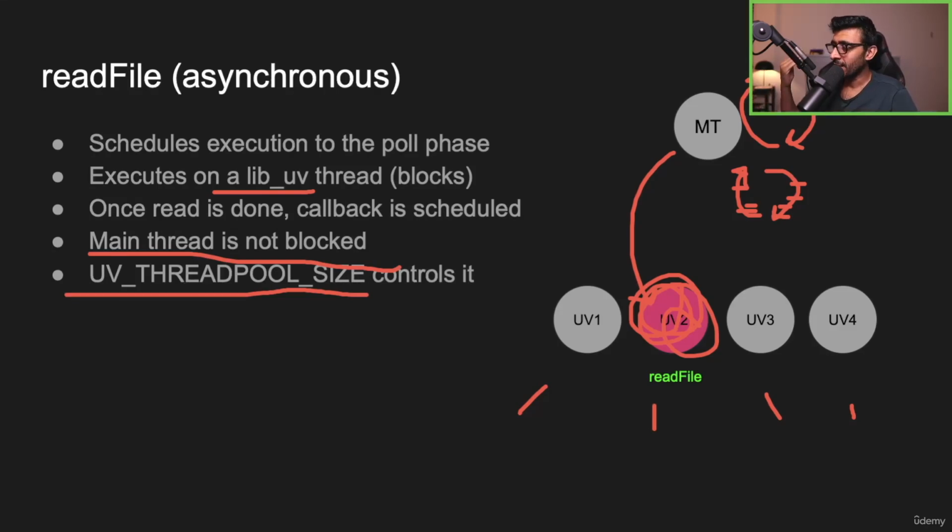Just doing a request or Axios call to https://example.com does a DNS lookup behind the scenes, which uses one of these threads. ReadFile uses one of these too. If you're doing a lot of them, and all of them are queued in this poll phase, you might fill them up, and then new readFiles will get queued, waiting for these threads to free up.